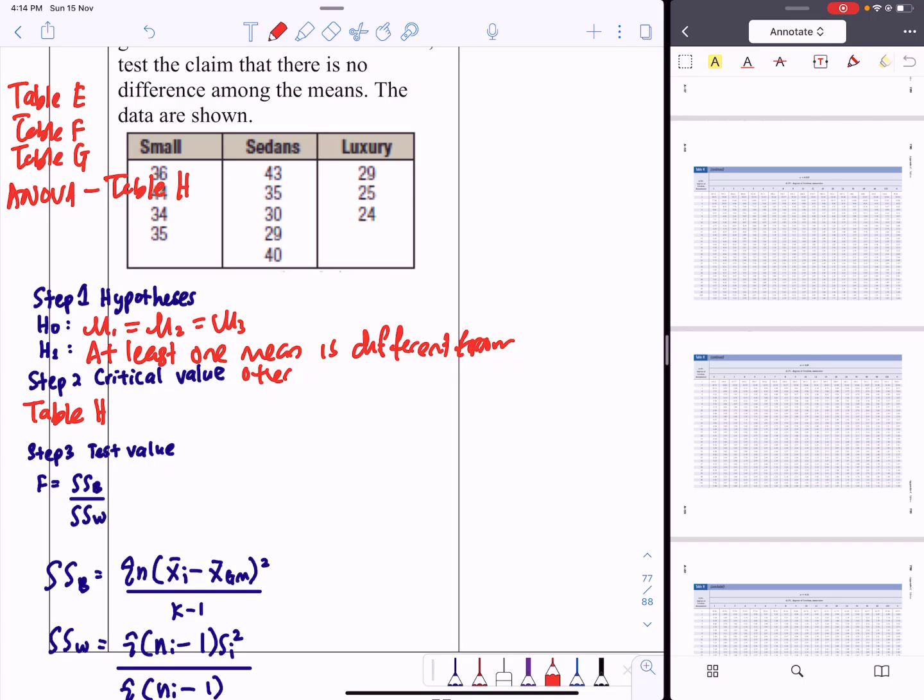Jadi kalau kamu tak pasti nanti it will result in the wrong critical value.